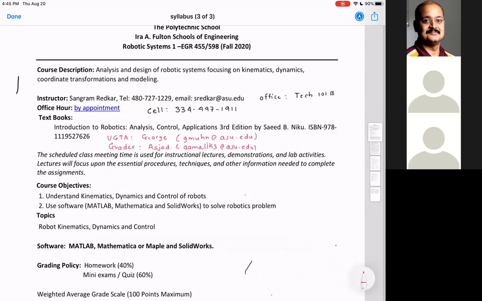So I just want to clarify the roles. George is not going to grade your assignments, George is here to help and support your learning. So if you have questions related to homework or programming, you are always welcome to contact me, or you can talk to George for homework or some assignment.